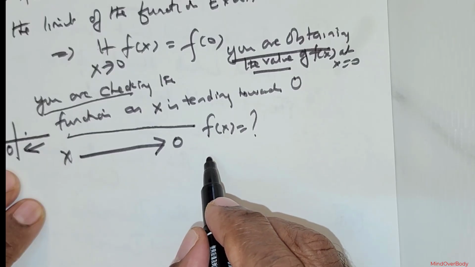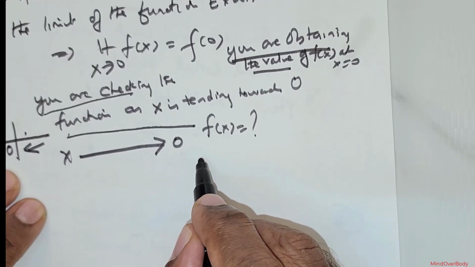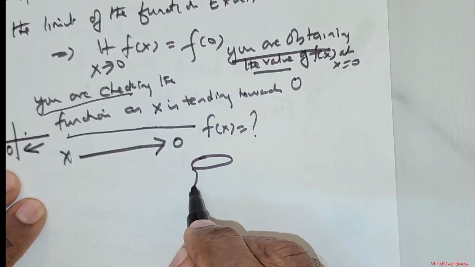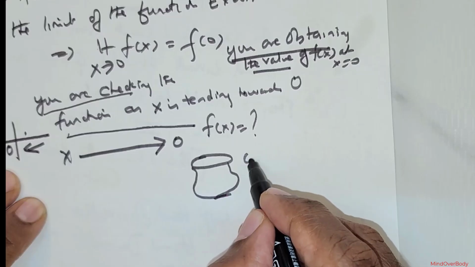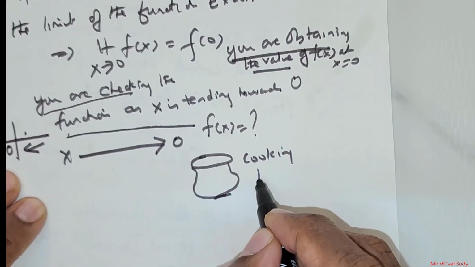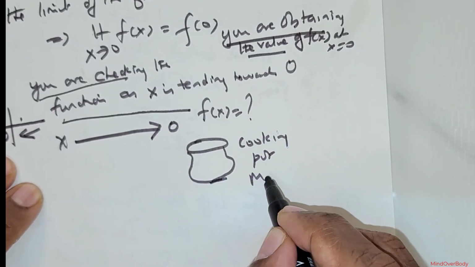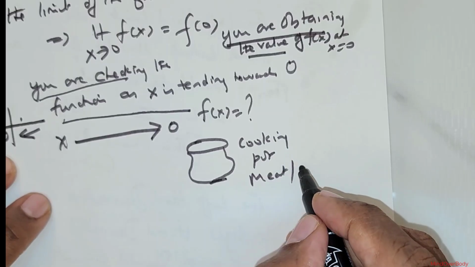Say for example you are making a pot, right? This is a cooking pot for cooking meat and say making stew.